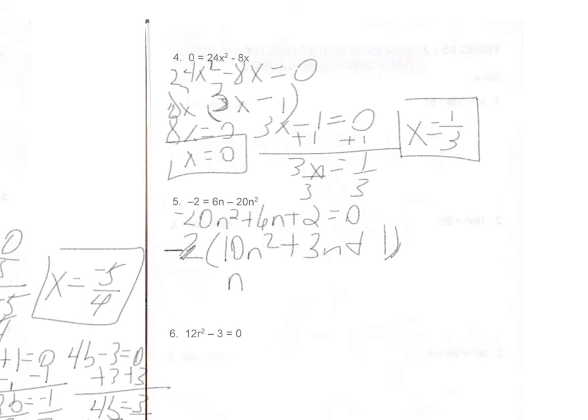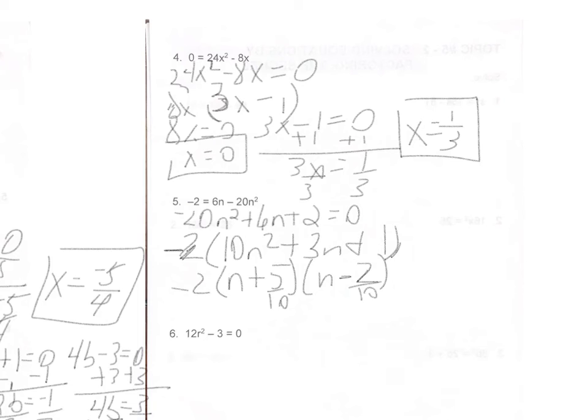So it'd be n plus 5, n minus 2, divide by 10.